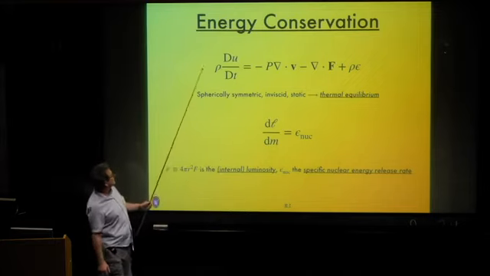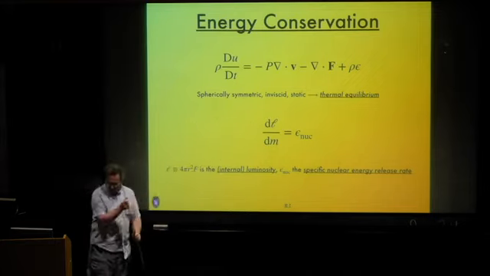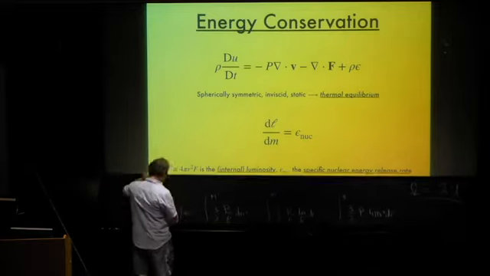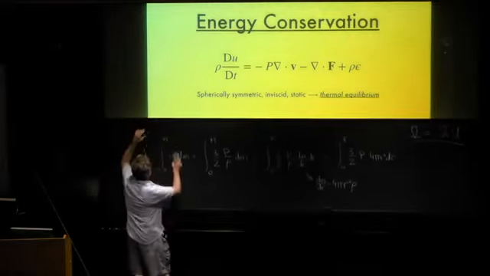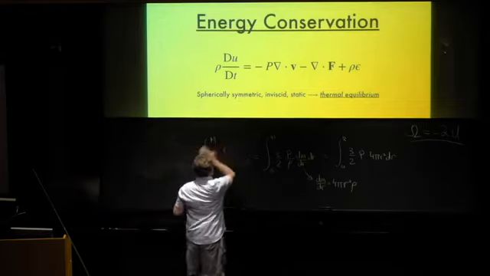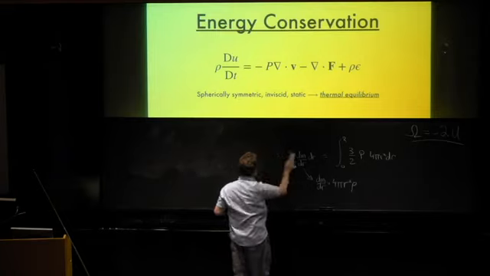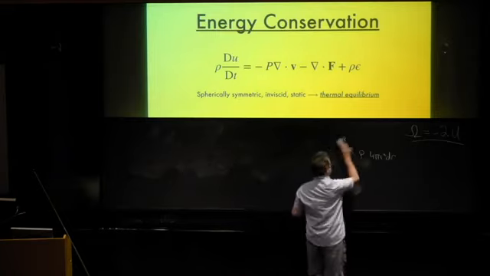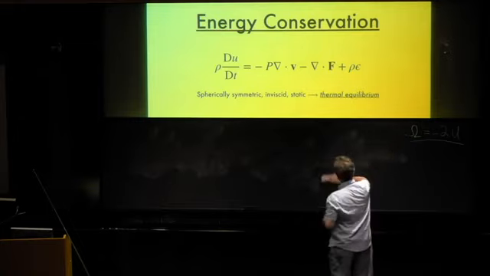So let's just see where this comes from. If I take my energy equation and I throw away the left-hand side, because we're assuming a static system, and I throw away the work term on the right-hand side because the velocity is zero, there's no expansion or contraction going on.